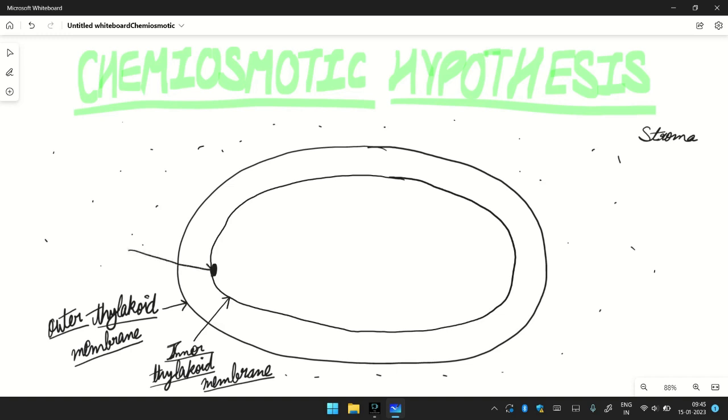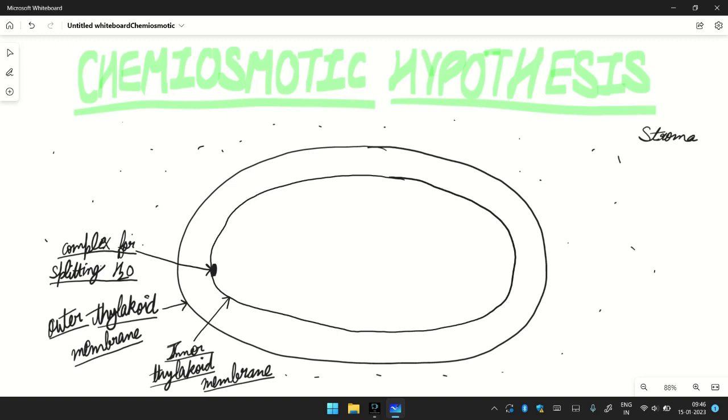So this is our complex for splitting water. This basically photolyzes the water.